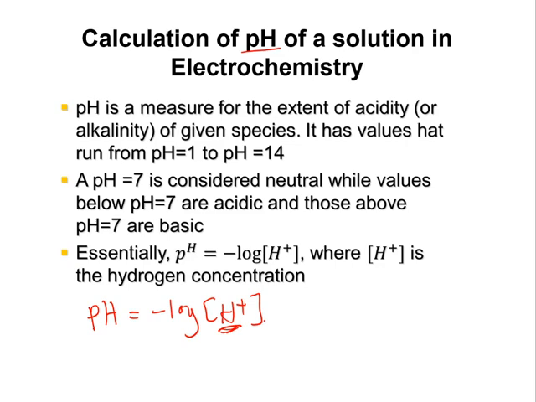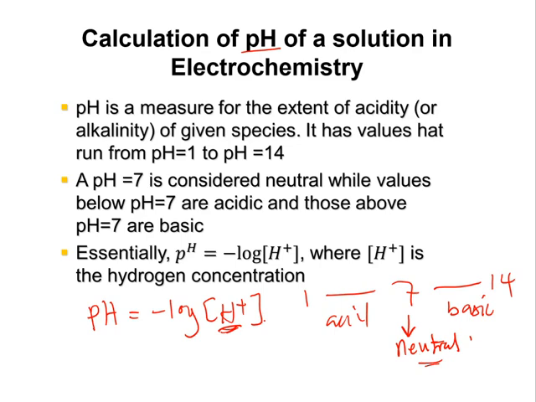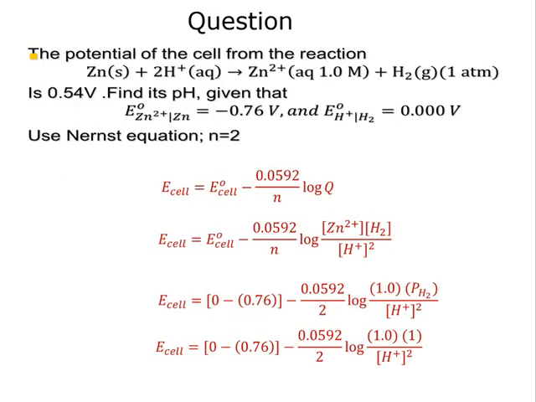The pH scale ranges from 1 to 7 to 14. Anything above 7 is basic, below 7 is acidic, and at 7 is neutral. So now our task is to look at how you can calculate the pH. On that one, we'll go through it together.